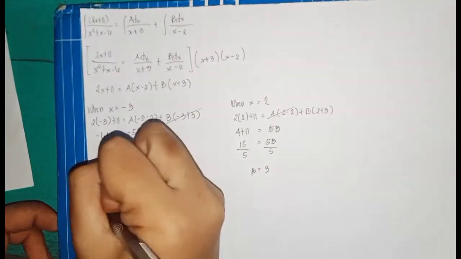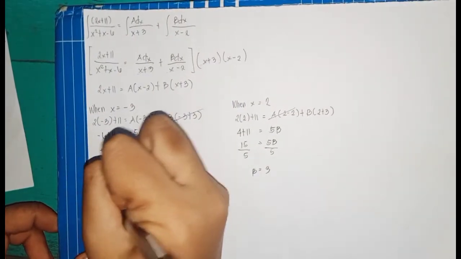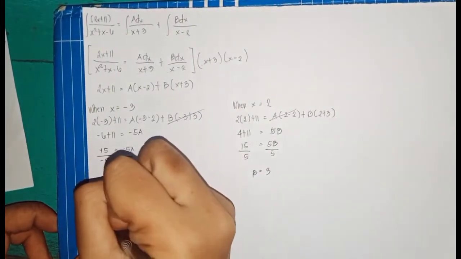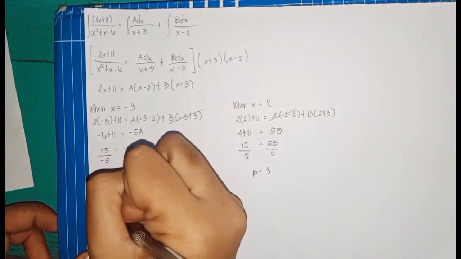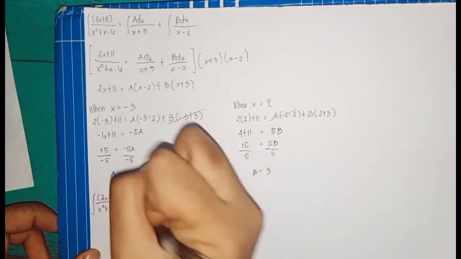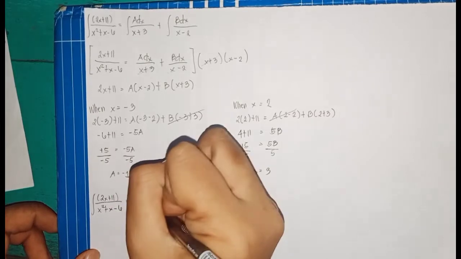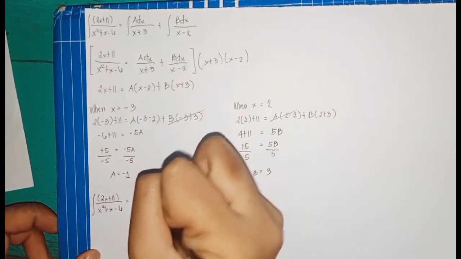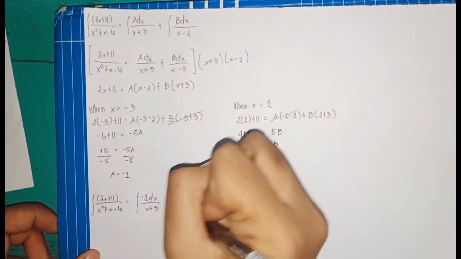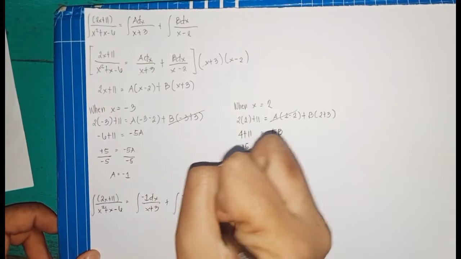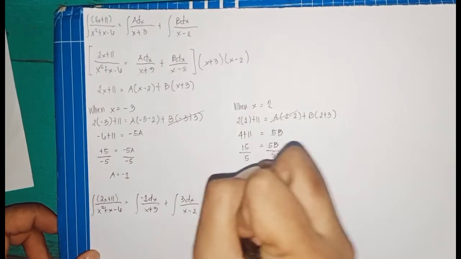So the integral of 2x plus 11 all over x squared plus x minus 6 is equal to negative 1 dx all over x plus 3 plus 3 dx all over x minus 2.